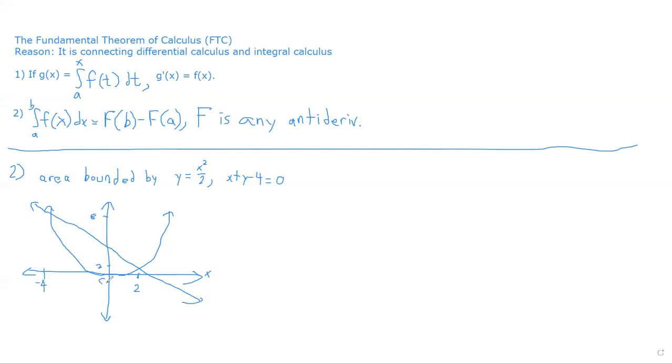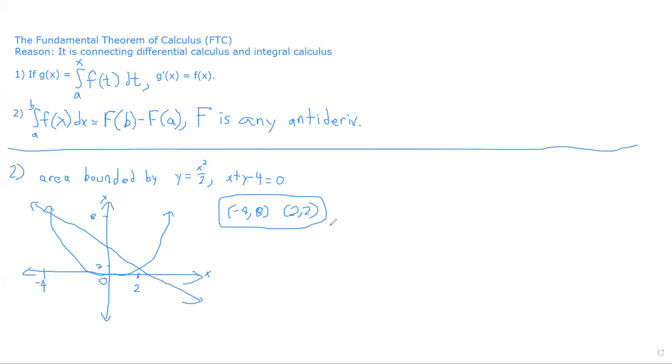And of course, this is 0. So then the two points of intersection are -4, 8, and 2, 2. These are the two points of intersection.